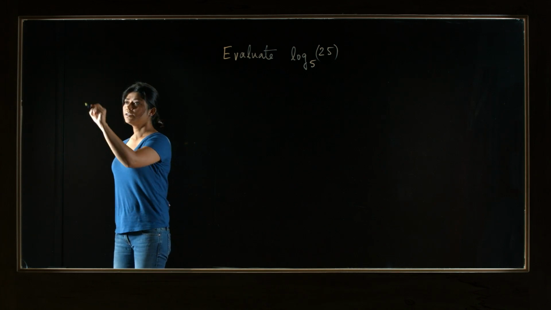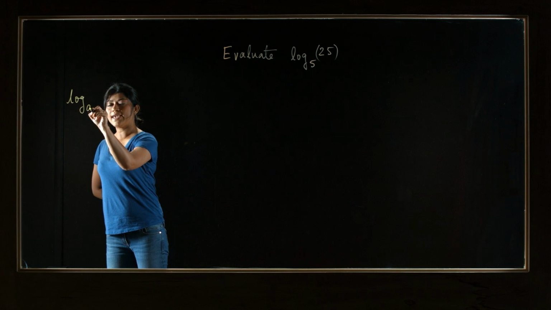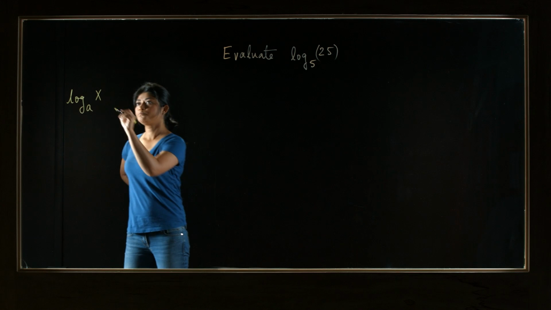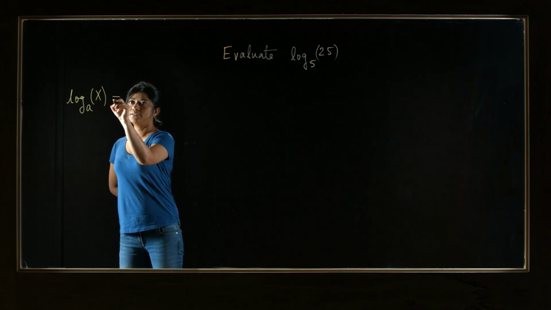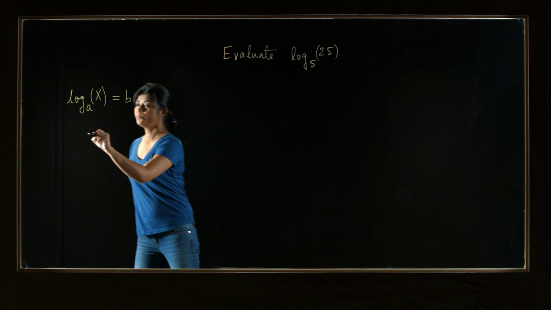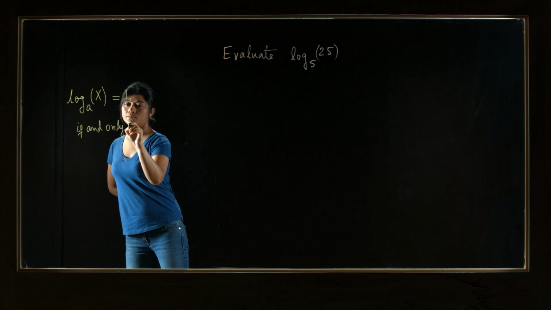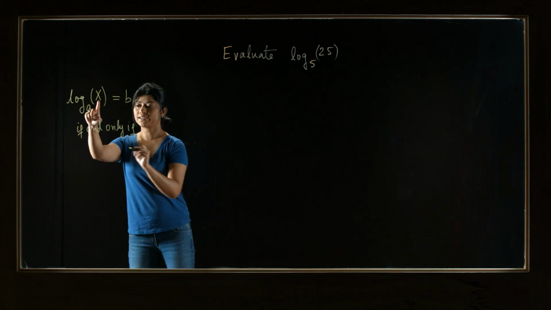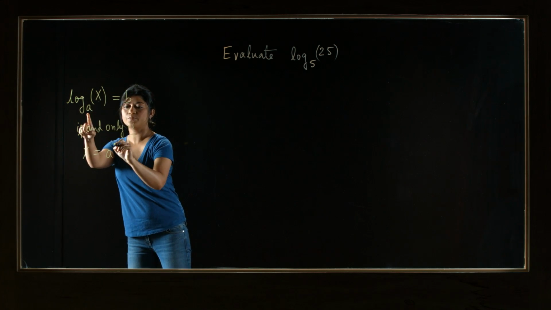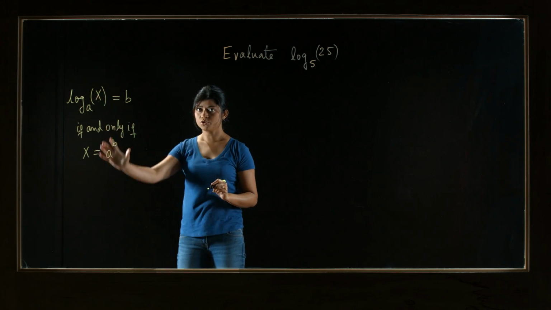So here's the property: a logarithm of base, say a, when you have some x that you are evaluating, is equal to some value, say b, if and only if this x will be equal to this base a raised to the power b. So that's the property, and it goes both directions.